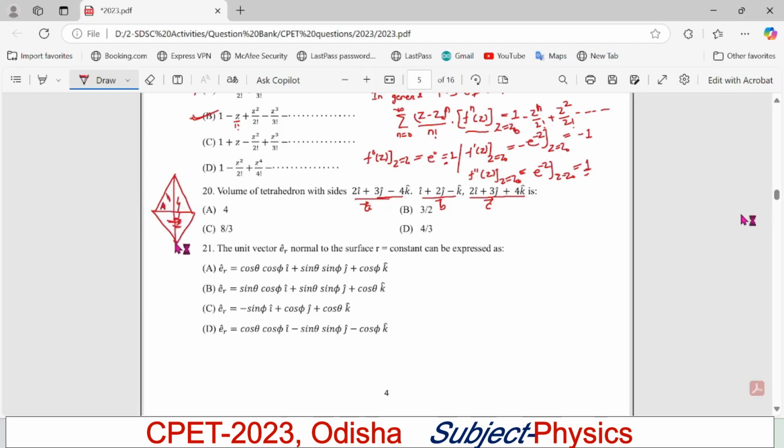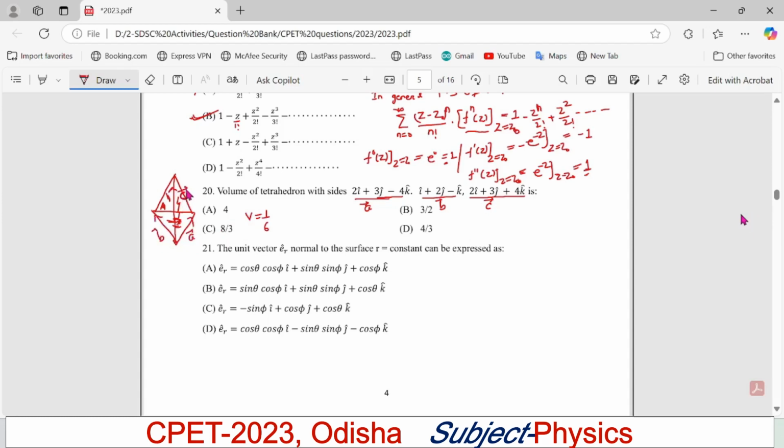The volume of the tetrahedron is in general written as 1 by 6. Suppose this is the vector A given in the question, this is the B vector, and this is the C vector.